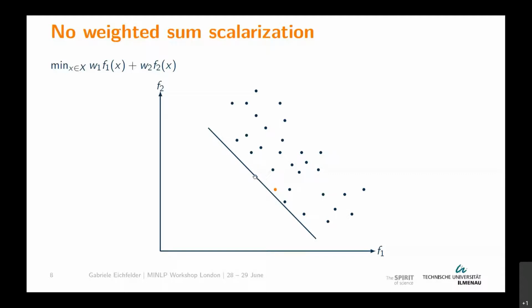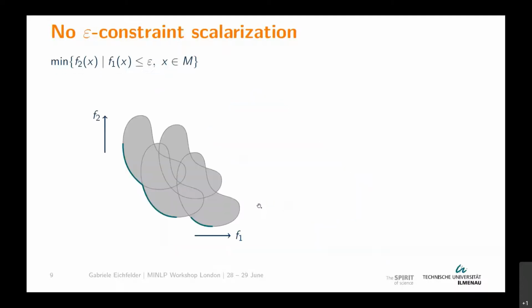But no matter how you choose the weights, no matter how steep your line is, you will never be able to recover that point. You will only be able to find points which are on the boundary of the convex hull of your image set. And for that reason, you can see here, weighted sum is not a good idea in the mixed integer setting, because mixed integer means non-convex, and for non-convex problems, you should never use the weighted sum approach.